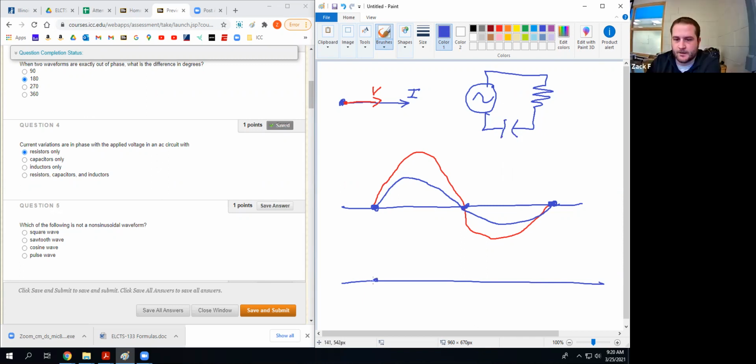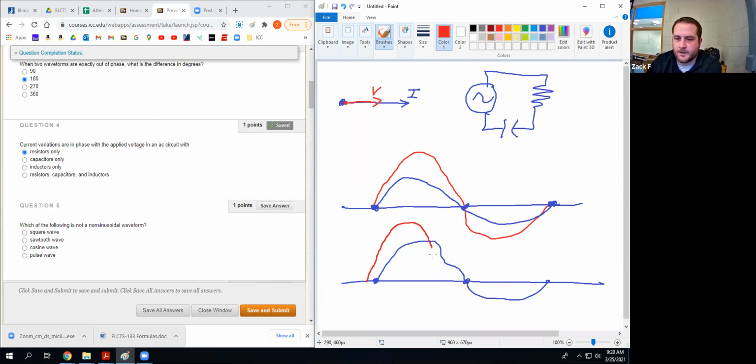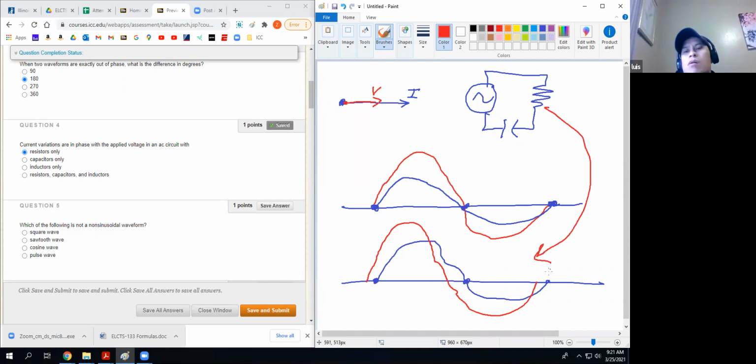And you'll see that the points are all the same. Well, no, they're not. I know my drawing really sucks, but you put a capacitor in there and they start to move. They become out of phase with each other, okay?